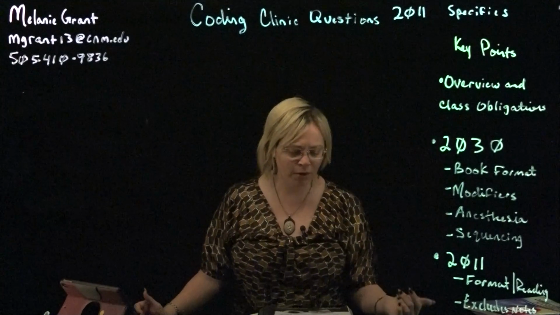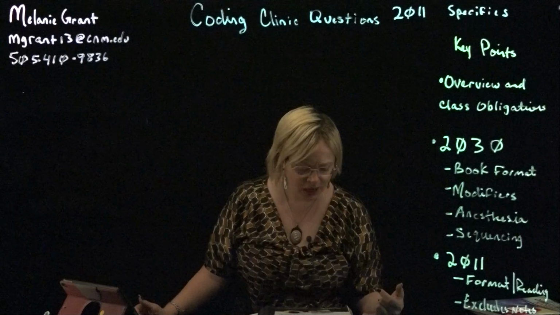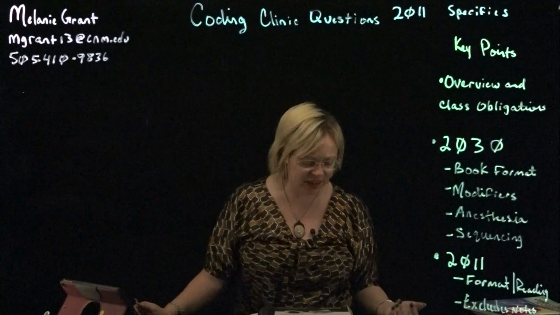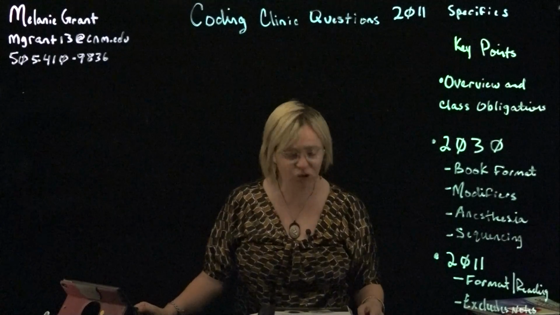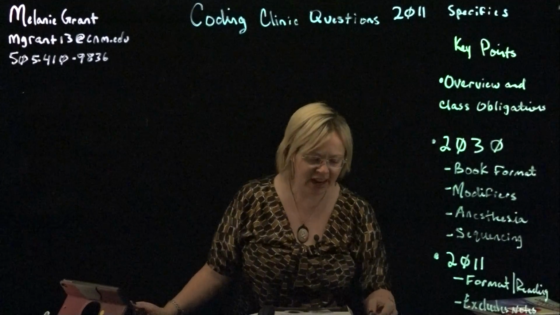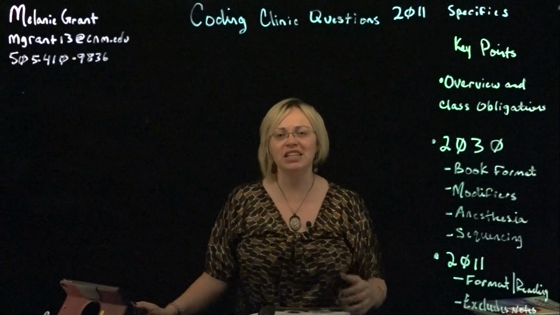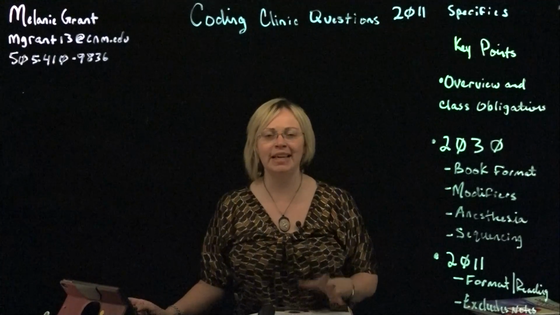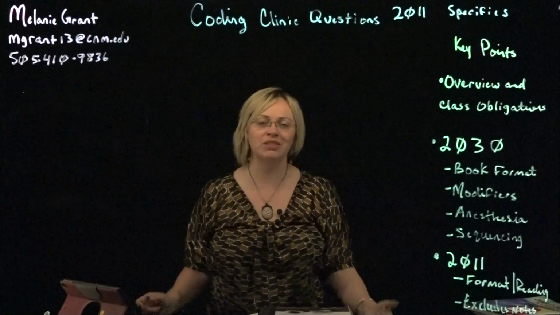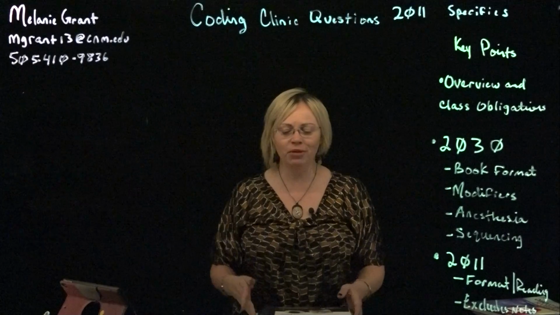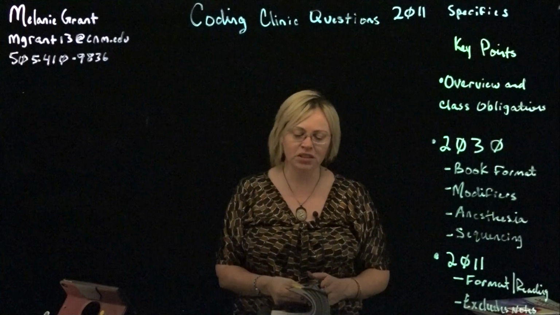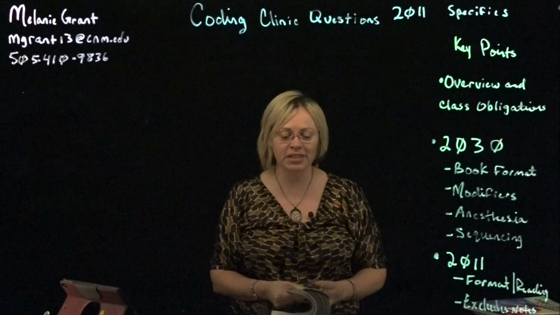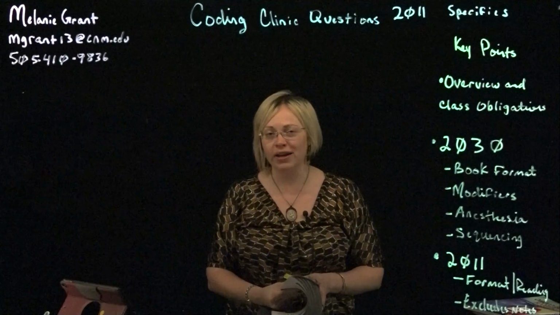I identify where are my guidelines, where are my illustrations, where's my alpha index, where's my neoplasm table, my table of drugs, external cause index, and the tabular list. Because each of those is its own entity and easier to reference if I can just flip to it. But when it comes to alphabeticals and looking at the different sections of the tabular list, I don't like to keep all of those on here.